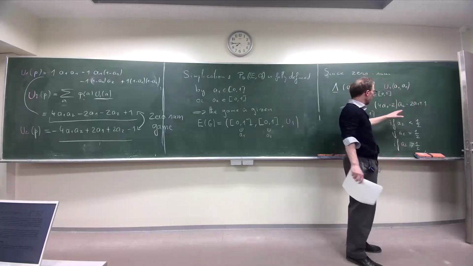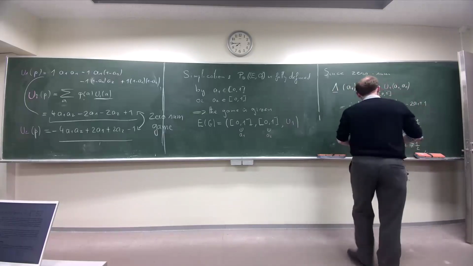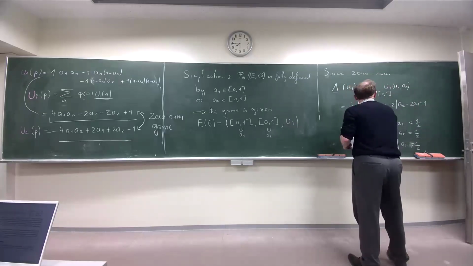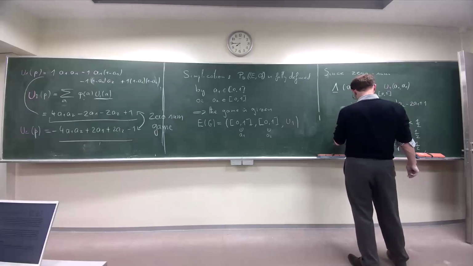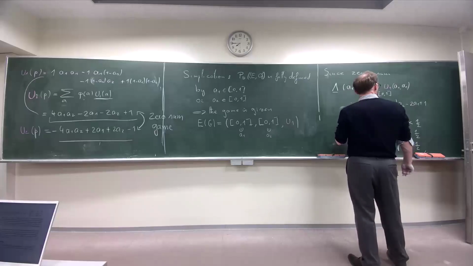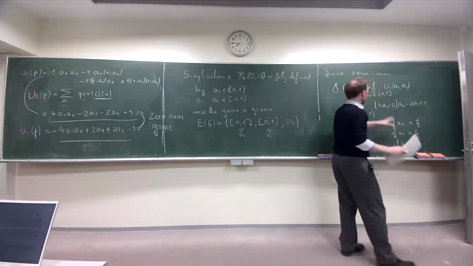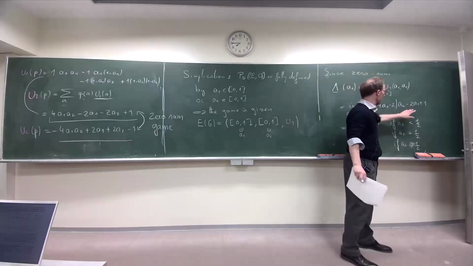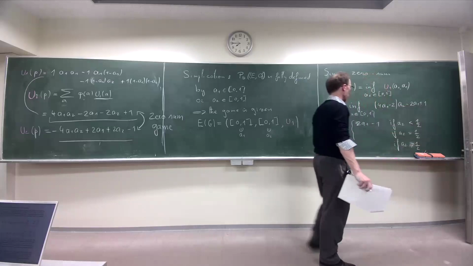And what I get, if this is 1, we have this guy plus this guy, it makes 4A1 minus 2A1, so it makes 2A1, and we have minus 2A1 plus 1... it makes 2A1 minus 1.